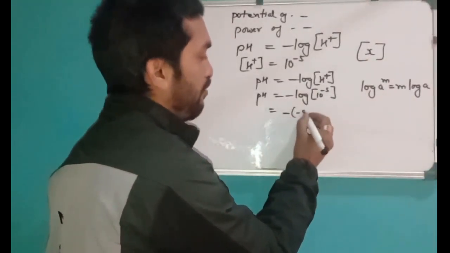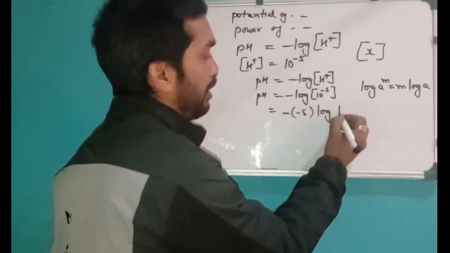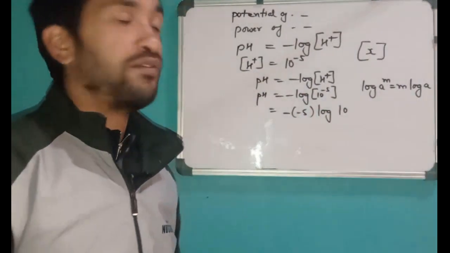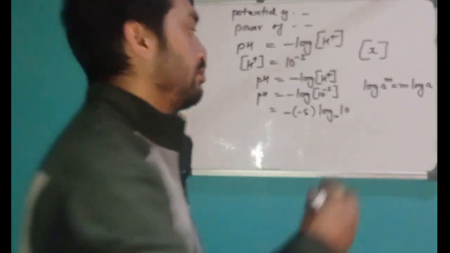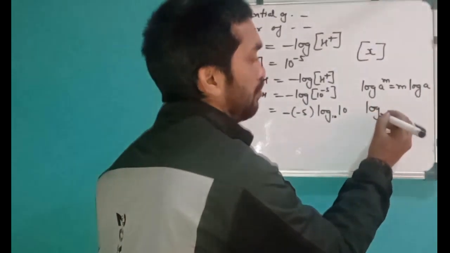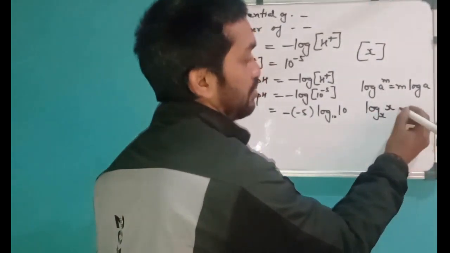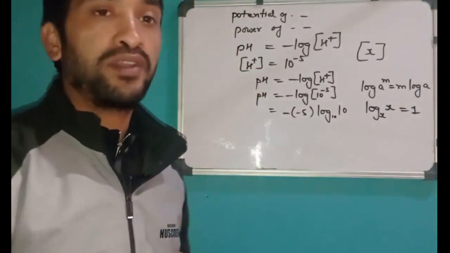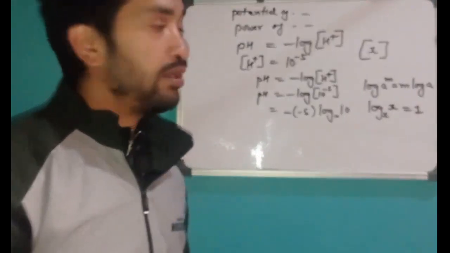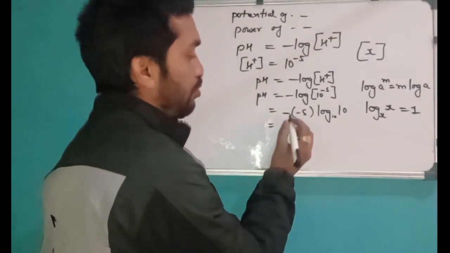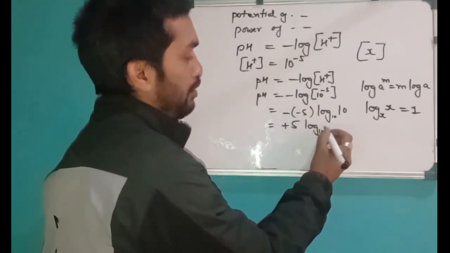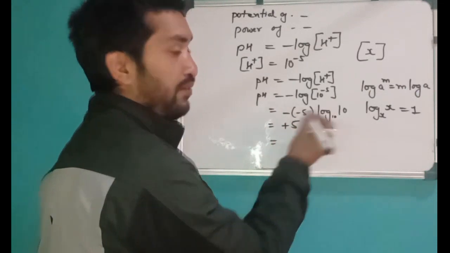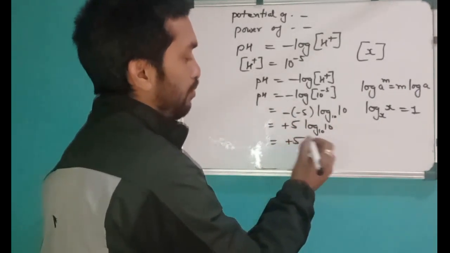Then comes minus 5 log 10, and remember, whenever it is not given to you, the base is taken as 10. And again a new formula: log x to the base x is equal to 1. So minus times minus will become plus 5 log 10. Use this formula: plus 5 into 1 will give you plus 5.